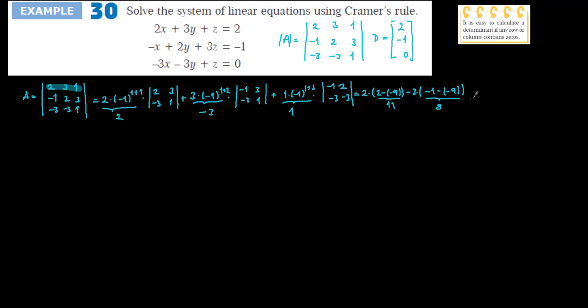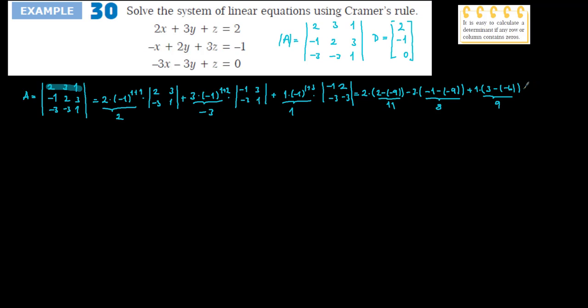And the last one is 1 times, in parentheses, minus 1 times minus 3, which is 3, and minus 3 times 2, which is minus 6. Then here it's also 3 plus 6, which is equal to 9.